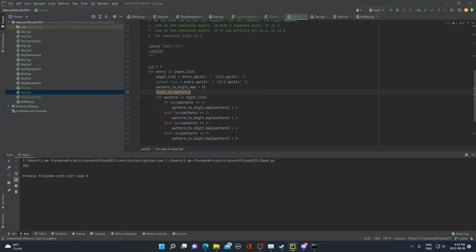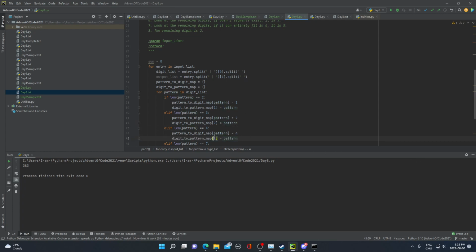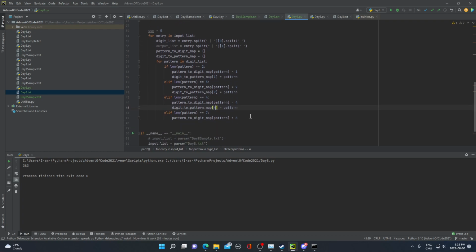Because I have no foresight, I'm just going to make a digit2 pattern map because I think we might need to use it the other way, just to figure out all the other digits. Eight.